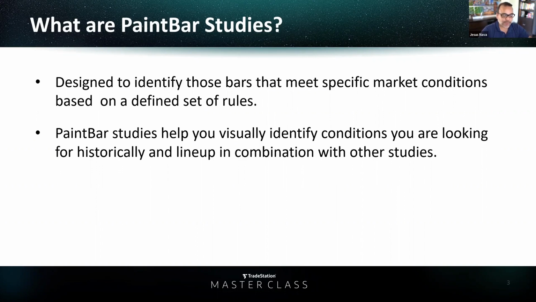And you probably don't need a full-blown study taking up space in your chart, like for example, MACD or RSI. If you want to know specific bars that are overbought or oversold, you probably don't need a whole RSI study at the bottom. Maybe that's one of the examples we're going to create today.